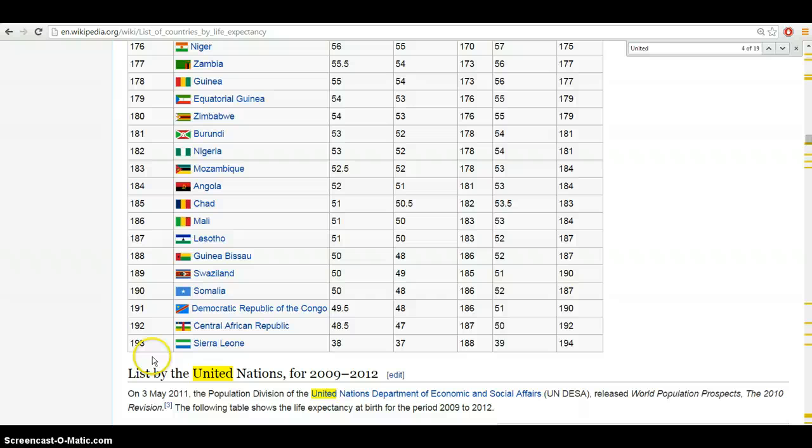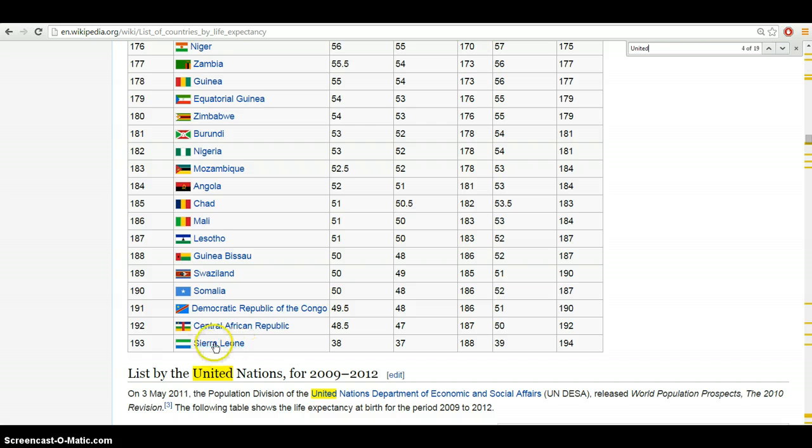And notice this list only has 193, so our Wiley exercise was counting more countries for one reason or another. But Sierra Leone here is falling as the lowest.